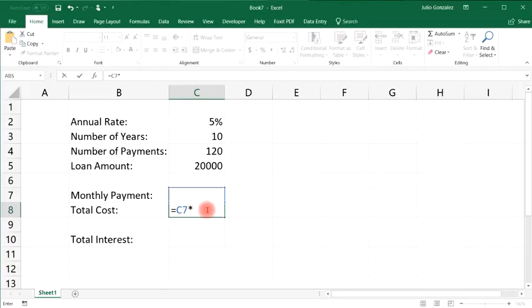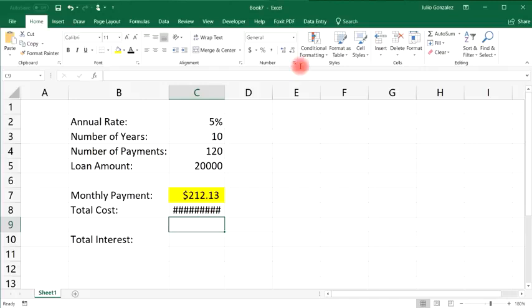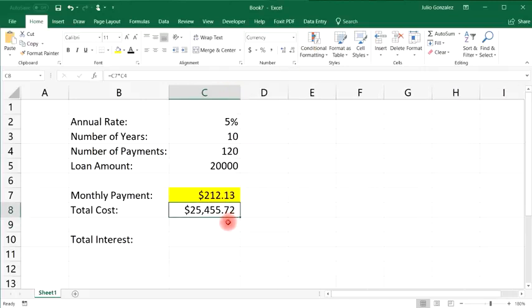So it's C7 times the value in C4. Let's make this wider. And so the total cost that we're really paying, which is 212 times 120, is going to be about $25,000. And so that's a lot.